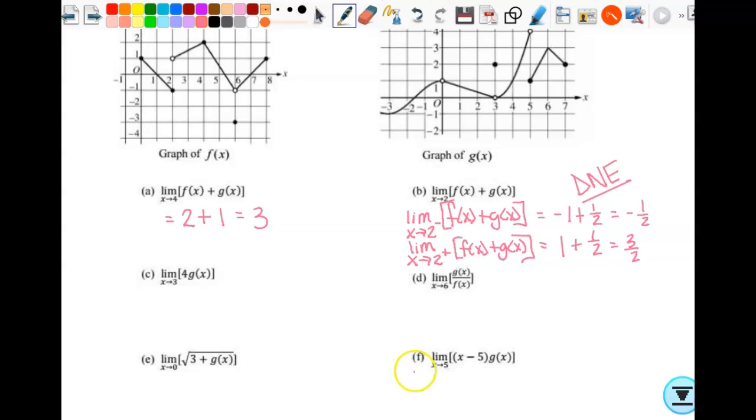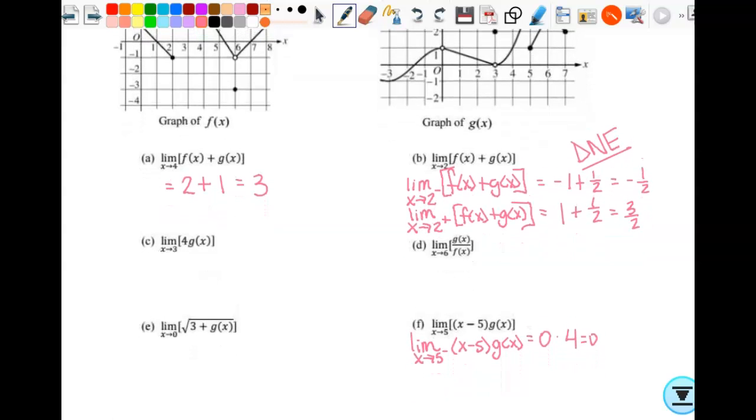We're going to have to say the limit as x approaches 5 from the left of x minus 5 times g of x is going to equal, well, what's the limit of x minus 5? 0, times the limit of g of x as x approaches 5 from the left. That limit is 4, and that's 0, right?